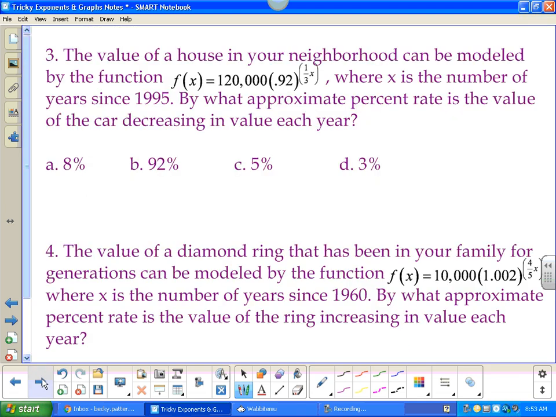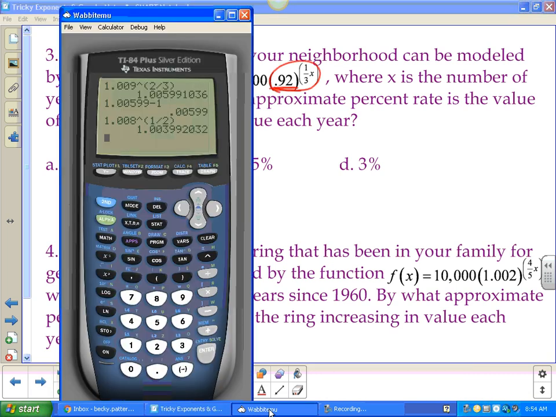The value of a house in your neighborhood can be modeled by that function where x is the number of years since 1995. By what approximate percent rate is the value of the car decreasing? Okay, so we're decreasing now. And I can tell that because my number's less than 1. But because I have that fraction in the power, this is them trying to be sneaky, I have to type it in. So 0.92 to the 1/3.